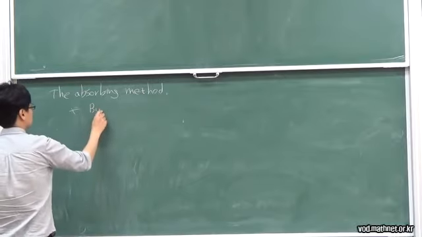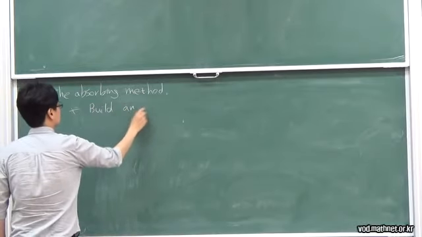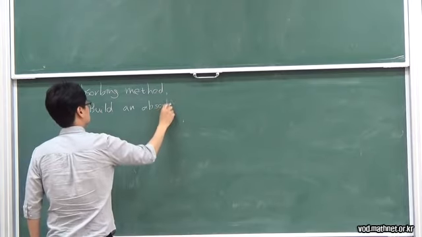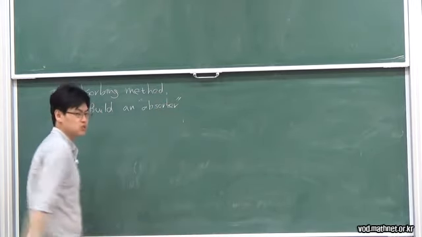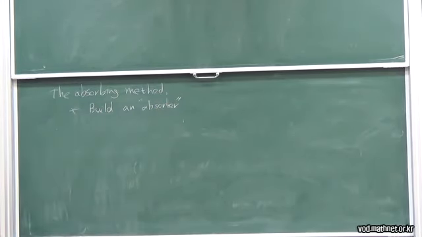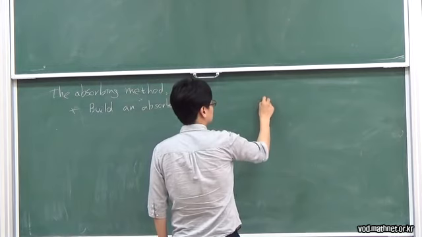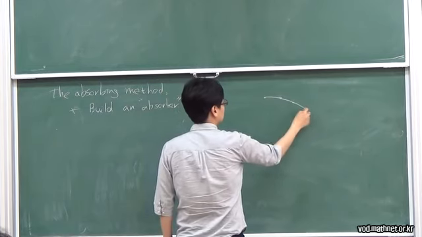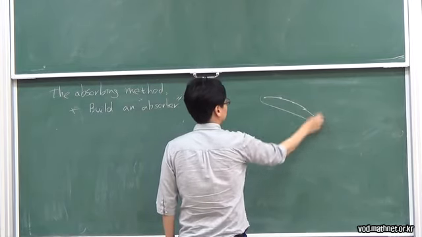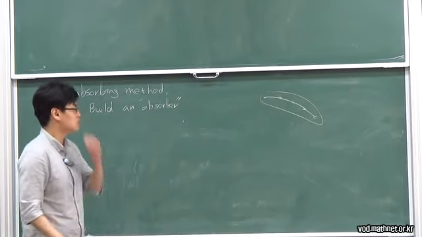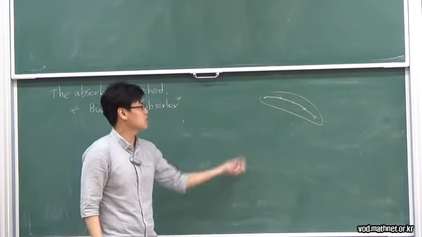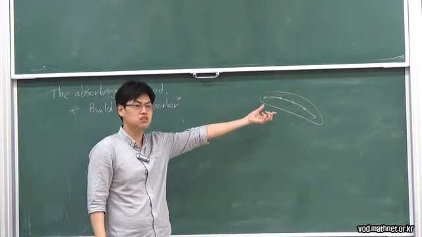We first build an absorber with some good property. For example, let's assume that we want to find a Hamilton cycle. Then we first build an absorber that has the property that every other vertex has lots of neighbors there.